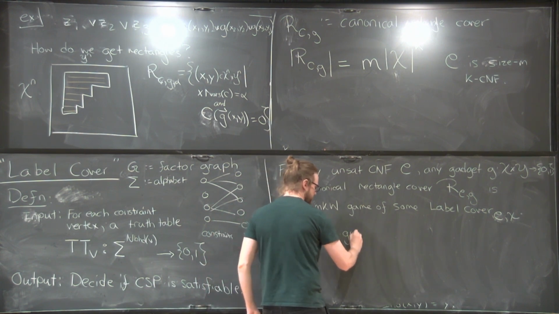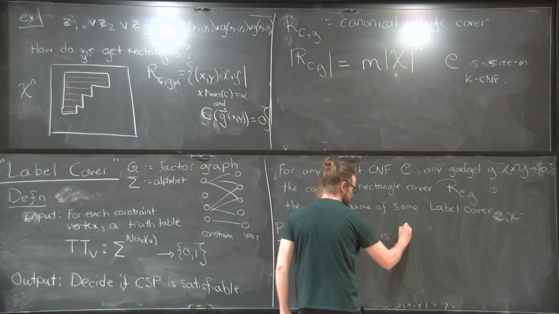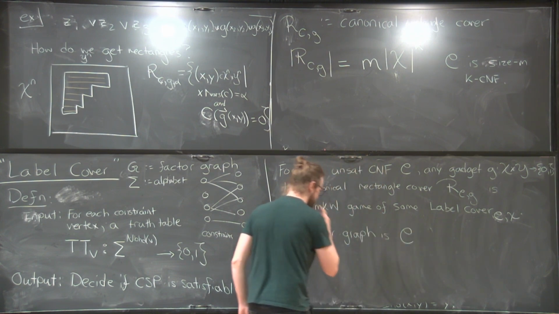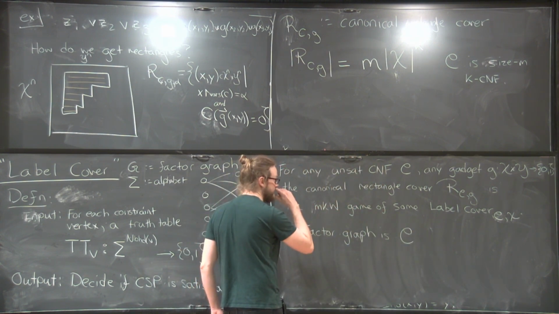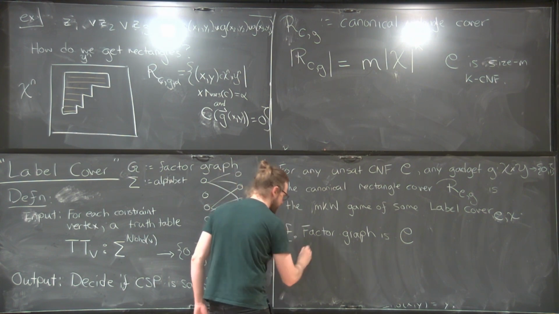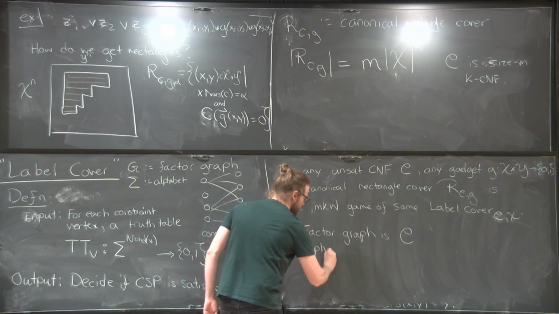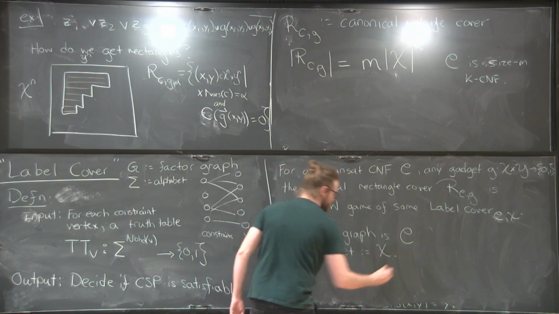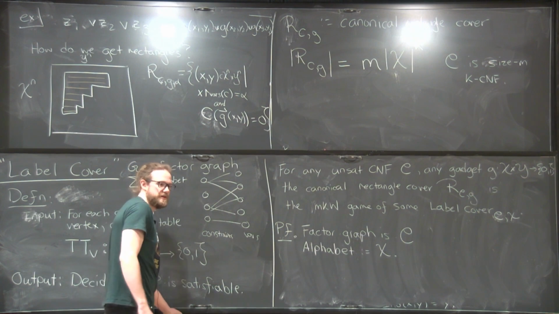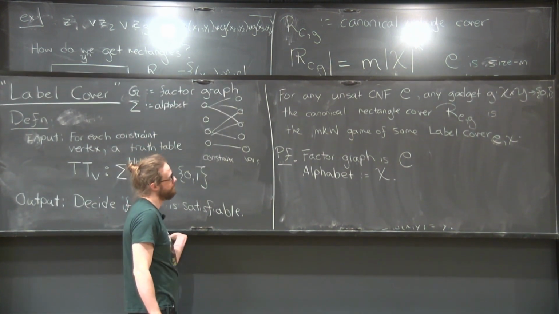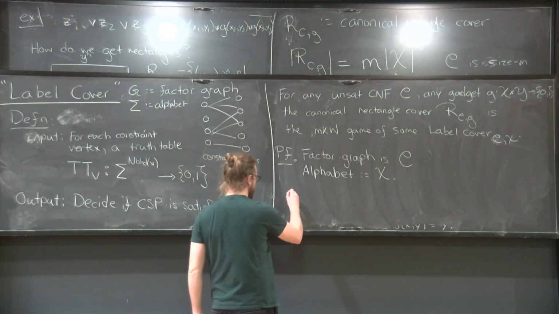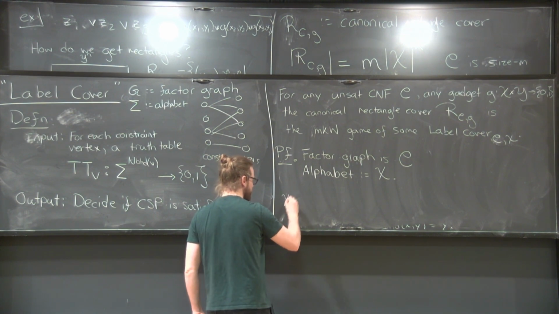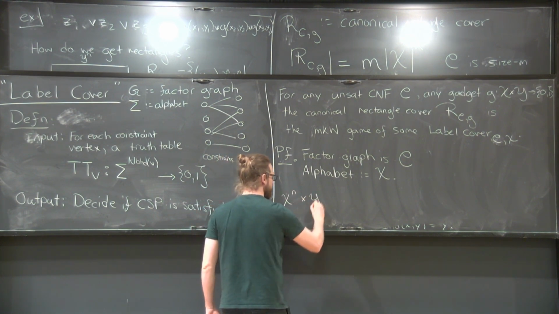So the factor graph is the same as the factor graph for C, for the underlying CNF. The alphabet is just going to be whatever Alice's input is going to be. Okay, so now let's remember that the universe that we're mapping from is x to the n cross y to the n.